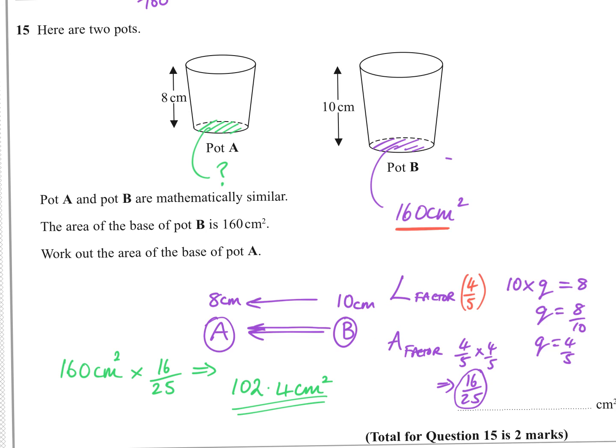So just to recap on that, L, A and V, if you're given the length, square it to get the area. If you're given the length, cube it to get the volume. If you're given the area, square root to get the length, and then cube it up to get the volume. And if you're given one of them, you can always get the other two.